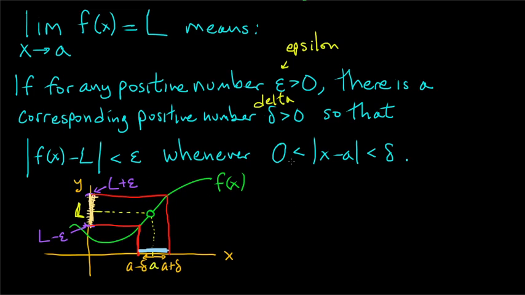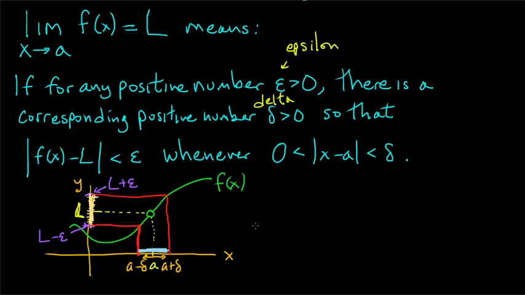It makes a lot more precise the idea of, well, x is getting close to A, that forces f of x to get close to L. But now we want to say, how close do we need to be? So x has to be within delta of a for f of x to be within epsilon of L.